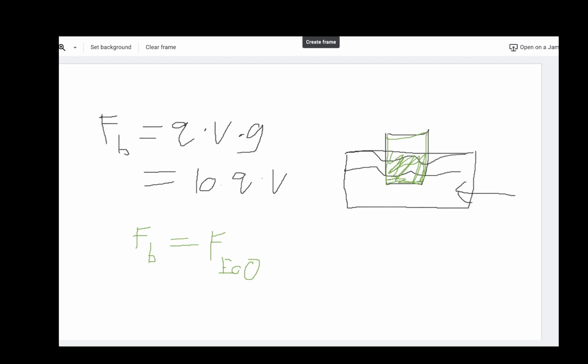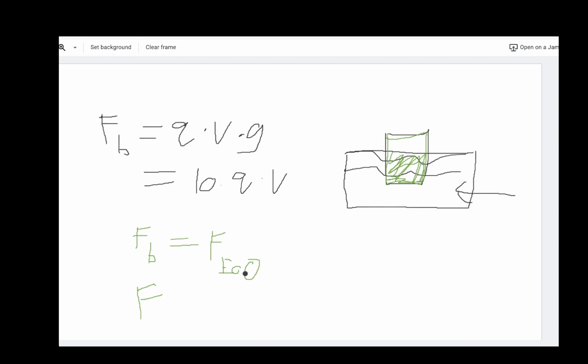Essentially, the object is pushing down with the same force on the water as the water is pushing the object back. Wait, what? Oh, yeah, that makes sense. Physics is hard, we all make mistakes. Just keep going. No, it isn't a mistake.